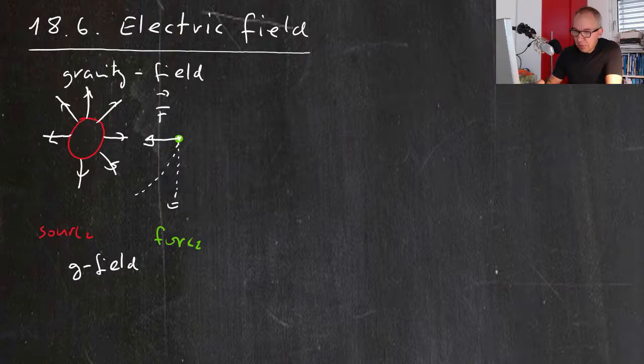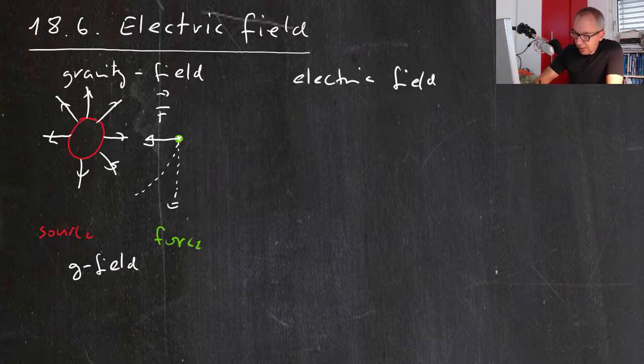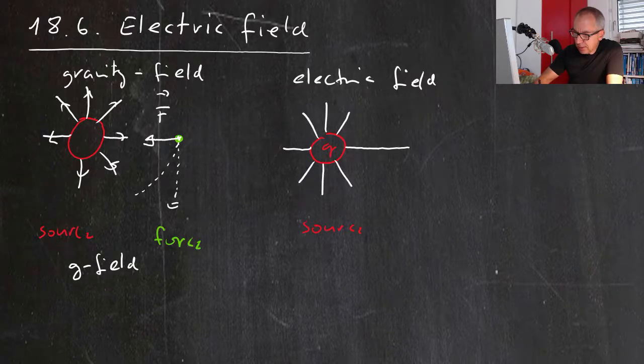Same thing is true with electric fields. We have a certain source given, which in this case is, for example, a positive charge. This charge is sending out an electric field to all directions.